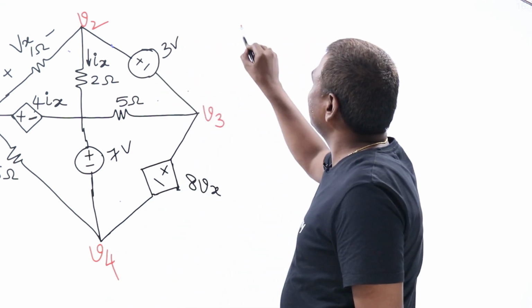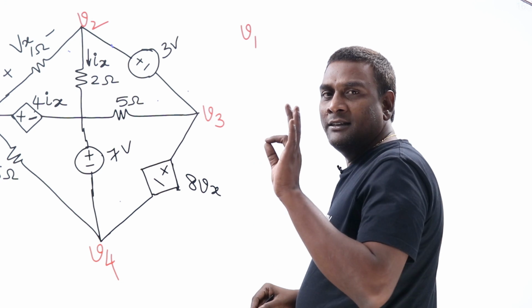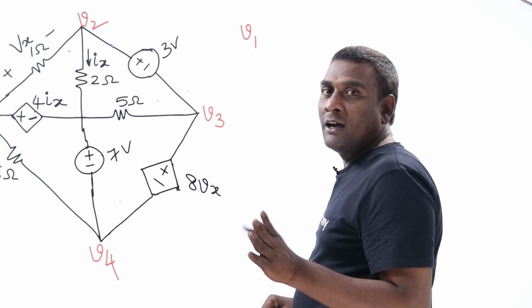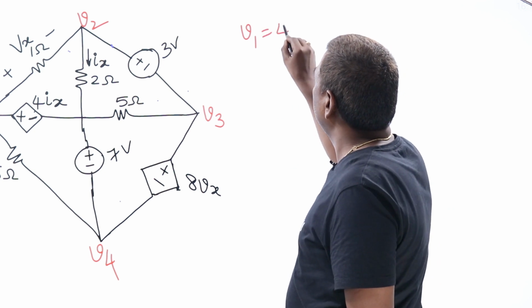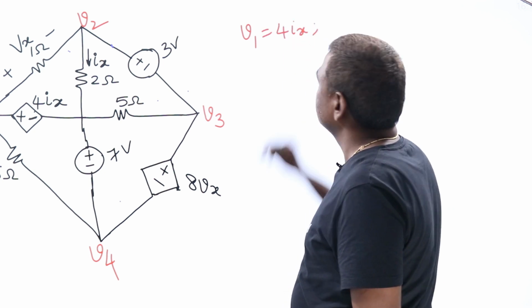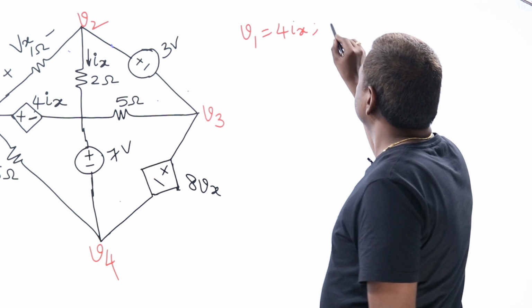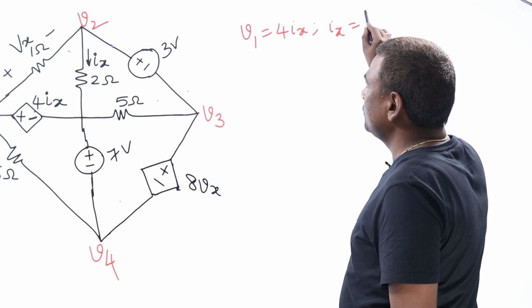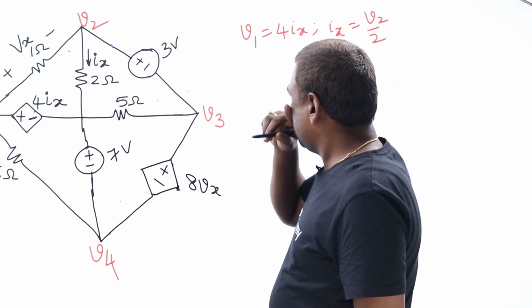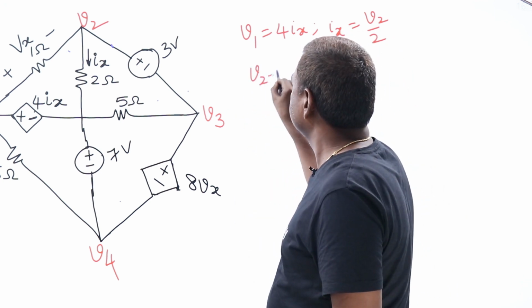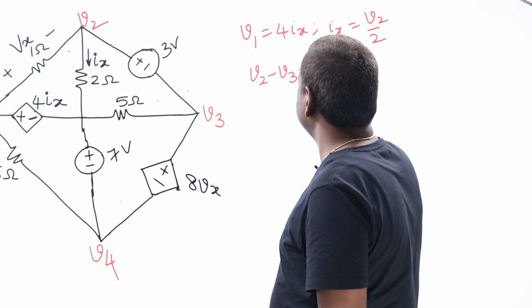Now what is V1 directly? We are not supposed to apply any KCL equations at all. All equations have to be written by relations. V1 equals 4ix. How much is ix? It equals V2 by 2. Okay, one relation. And V2 minus V3 equals 3.